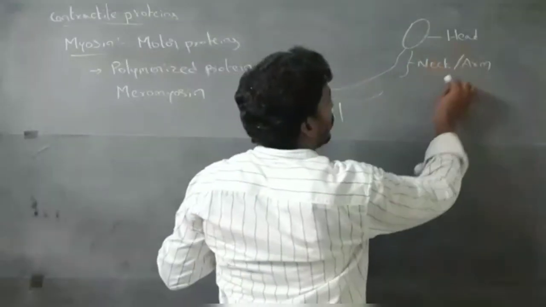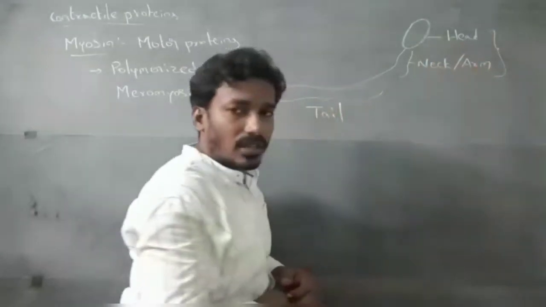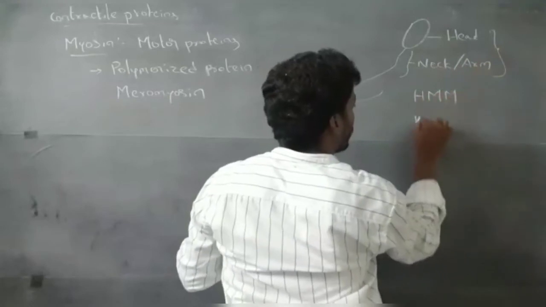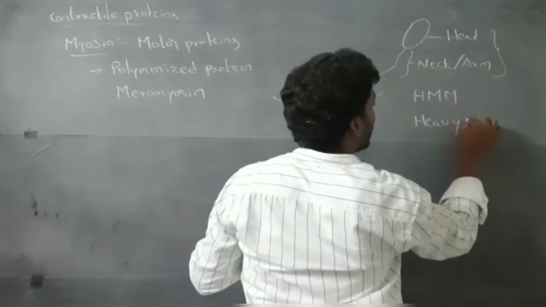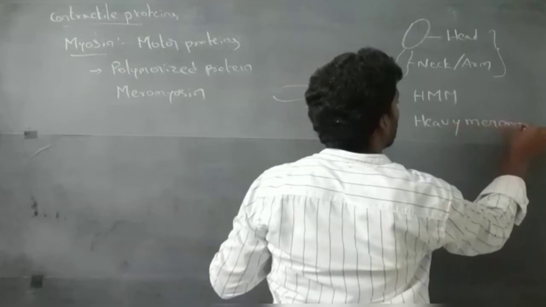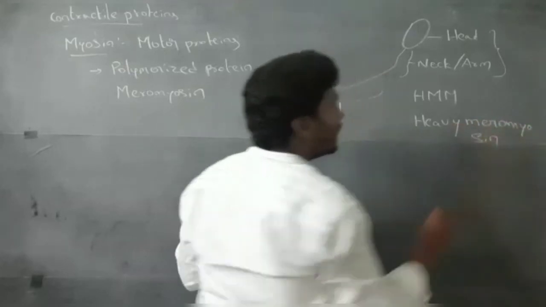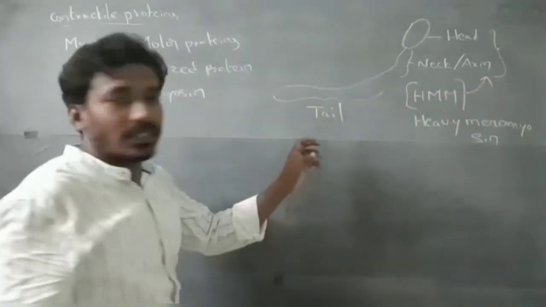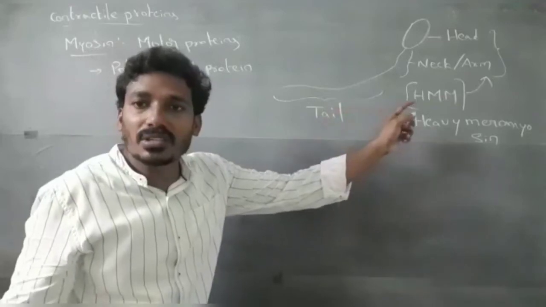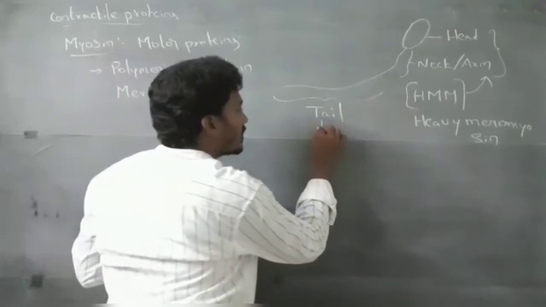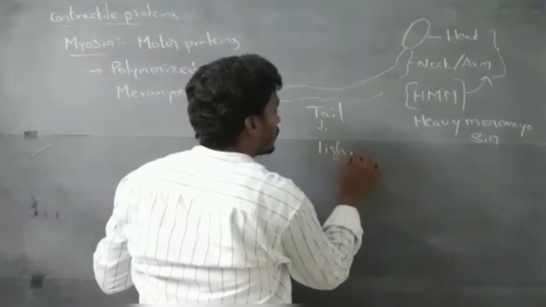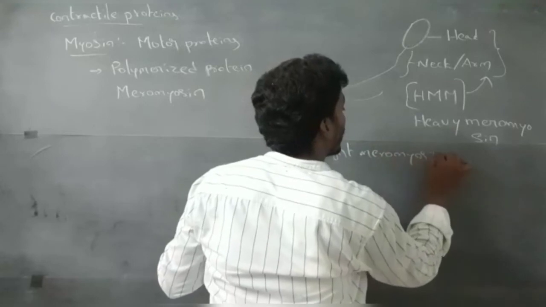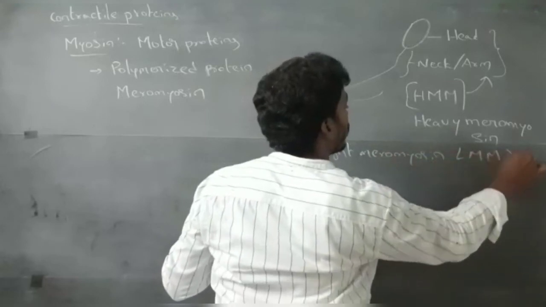The head along with the neck is called the heavy meromyosin molecule. The tail is the light meromyosin molecule.